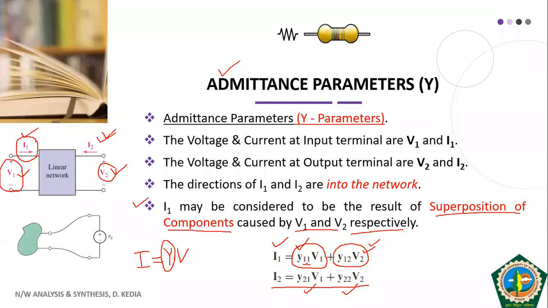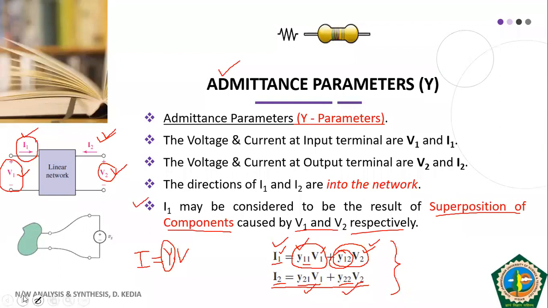This Y11 is written as Y11 because it has I1 and V1 associated with it. Y12 is I1 and V2. Y21 means I2 and V1. Y22 means V2 and I2. So this is how we can represent our admittance parameters in the form of equations. These two equations are very, very important, and you will have to memorize them.